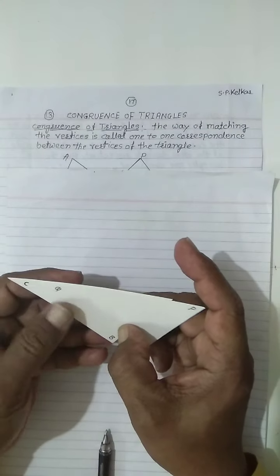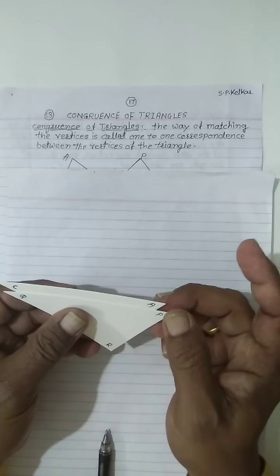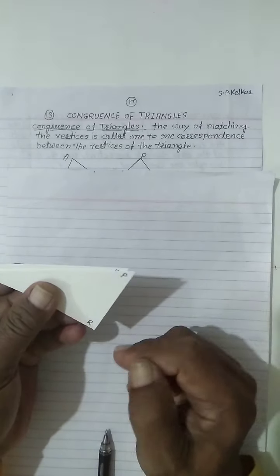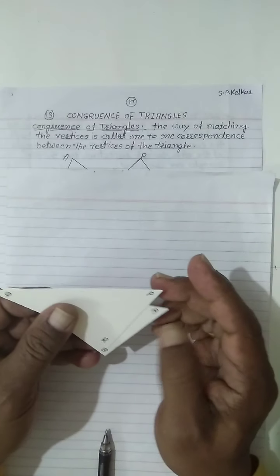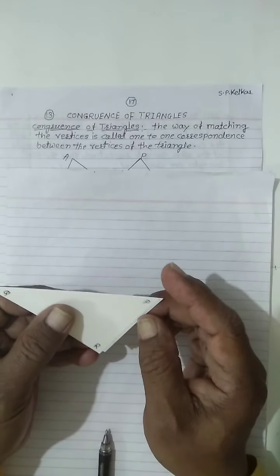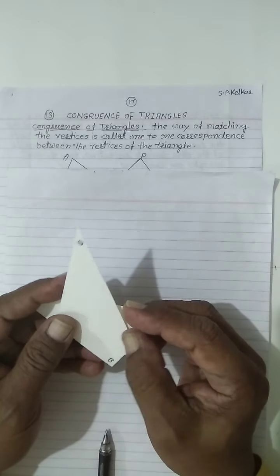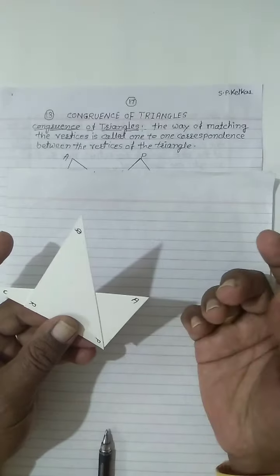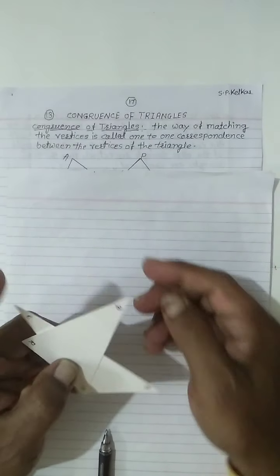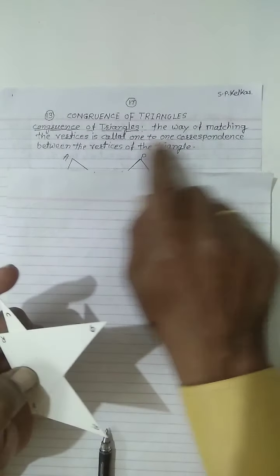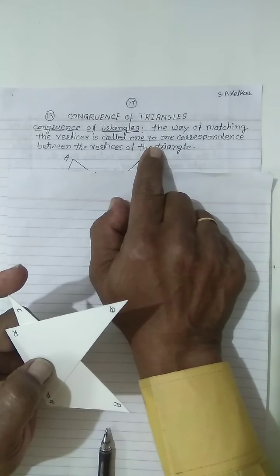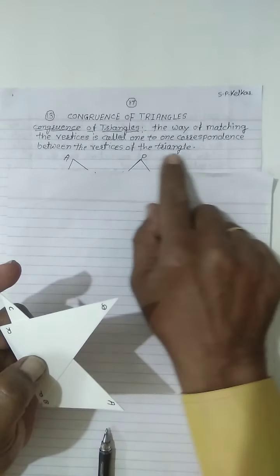Q and C match with each other, A and P match with each other, B and R match with each other. If we change the way, then the vertices do not match. So the way of matching the vertices is called one-to-one correspondence between the vertices of the triangle.